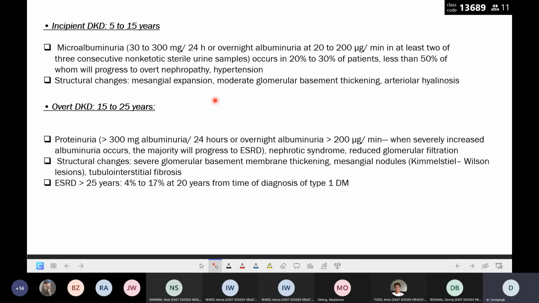The hyperfiltration decreases, okay? And the patient goes into what we call incipient diabetic kidney disease. Only microalbuminuria, overnight albuminuria, and it occurs in 20 to 30% of patients. Less than 50% will progress to overt nephropathy and hypertension.